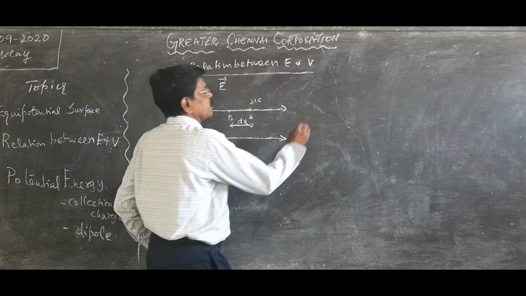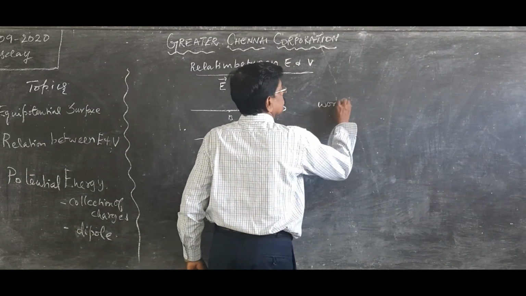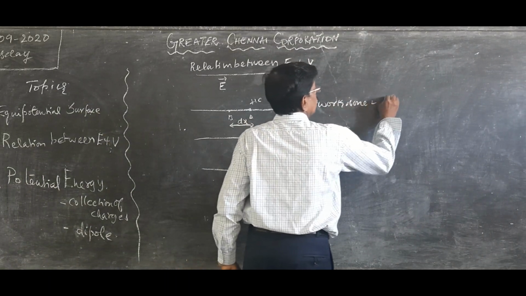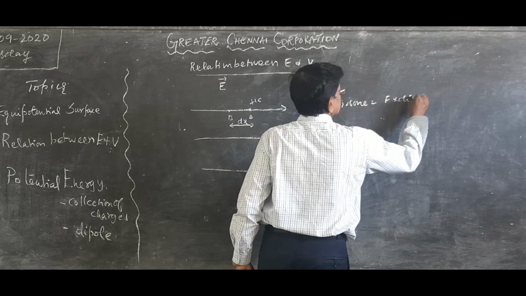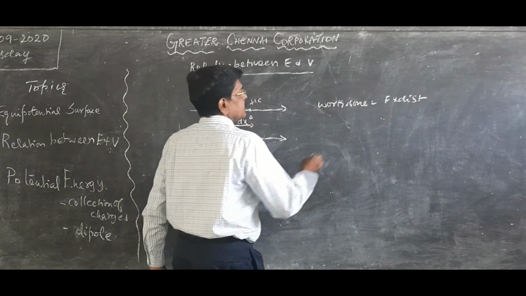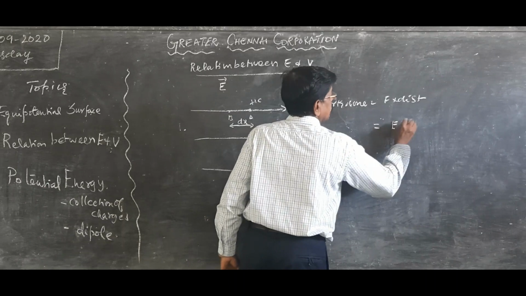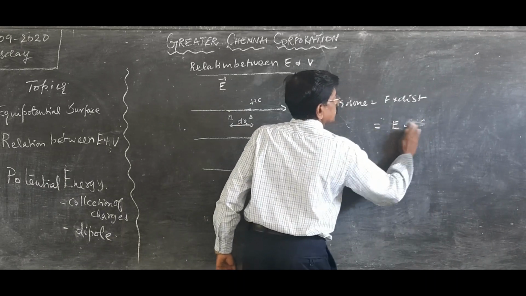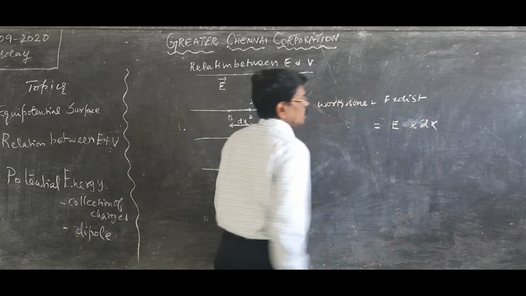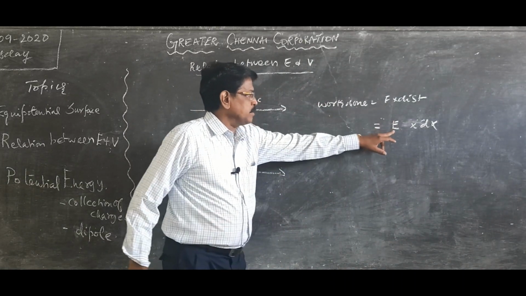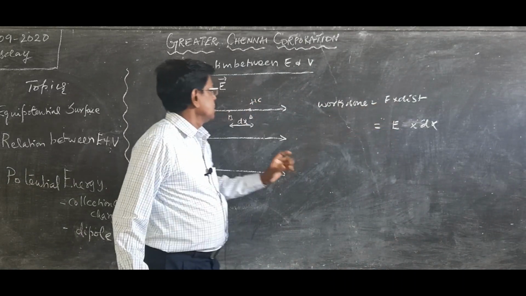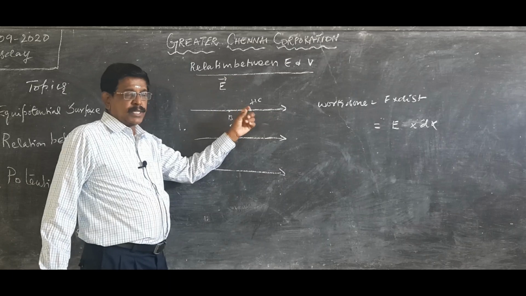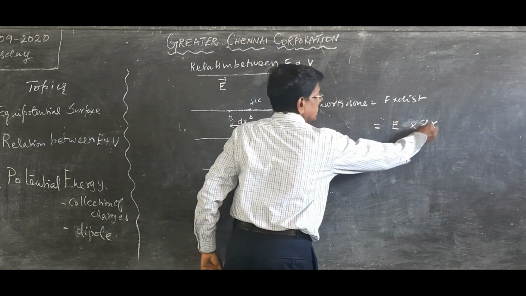What is the formula for work done? Work done is force into distance, correct? Here, E into dx. Why? Force is nothing but, I have changed F into E, because the force acting on the unit positive charge is E, so E into dx.